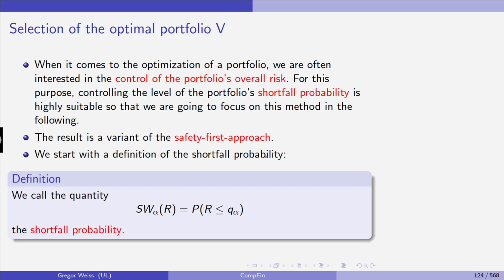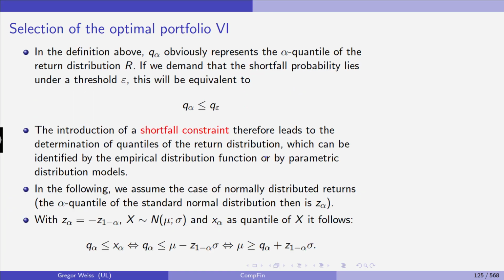The shortfall probability of R is the probability that the return is smaller or equal to a certain threshold Q alpha. That's obviously a quantile, and it will not surprise you that you can choose, usually it will be the value at risk or the expected shortfall, but this is the general definition of a shortfall probability.